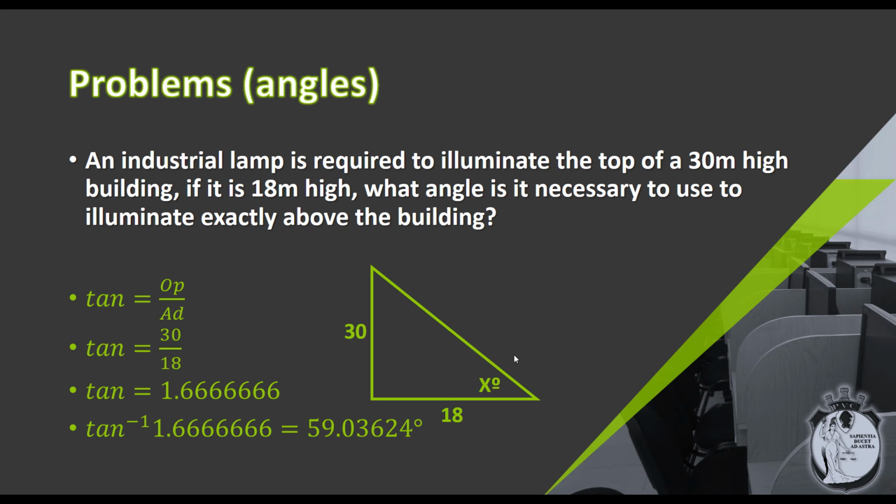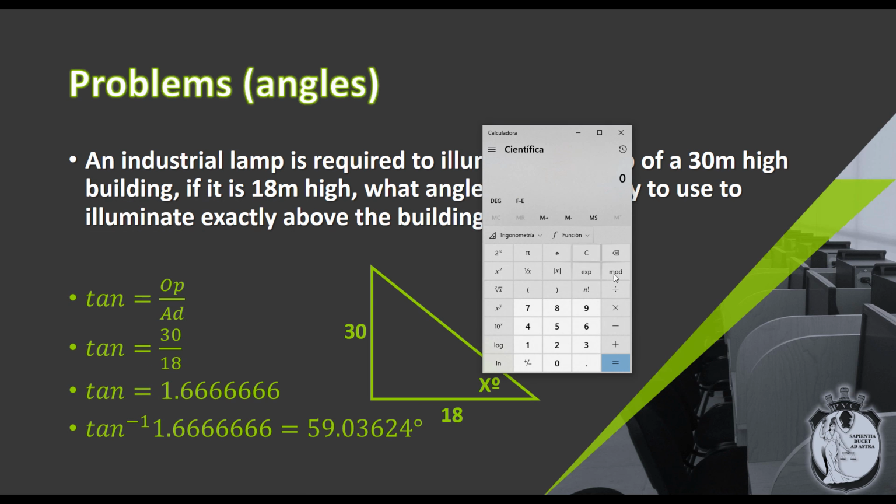So you need to use again a trigonometric function. Which one? Again, you need to check what data you have. For example, here you will calculate that angle. For that angle, you have the opposite side and the adjacent side, so you will use tangent. I will use the calculator here again. 13 divided by 18.